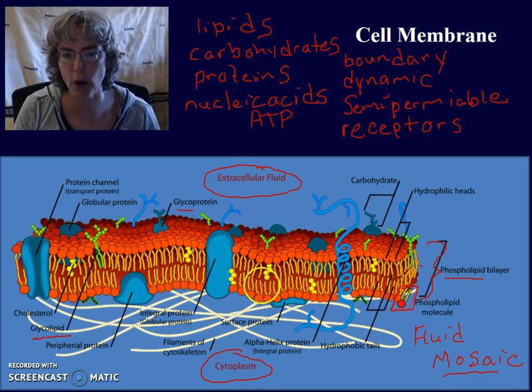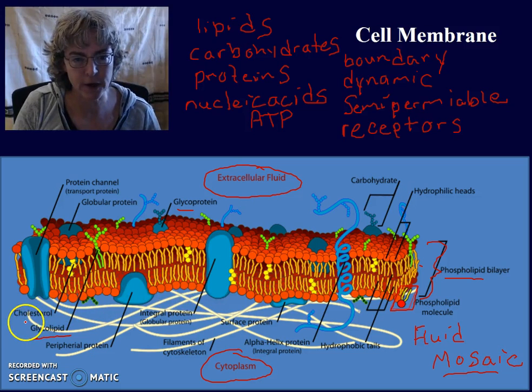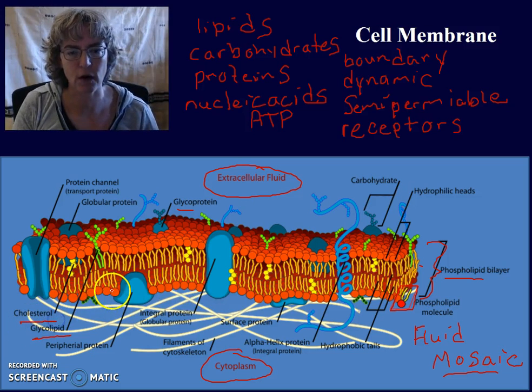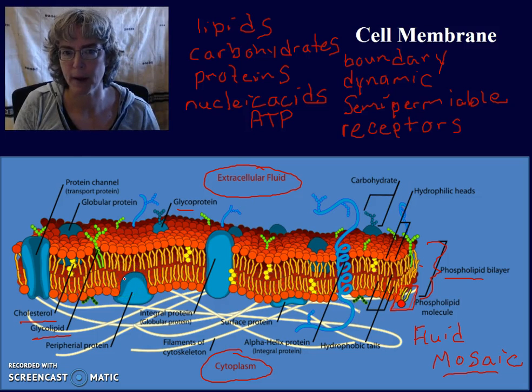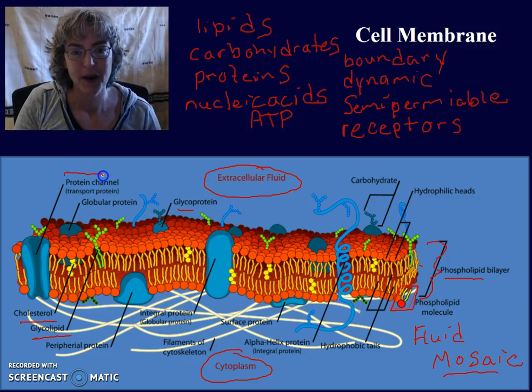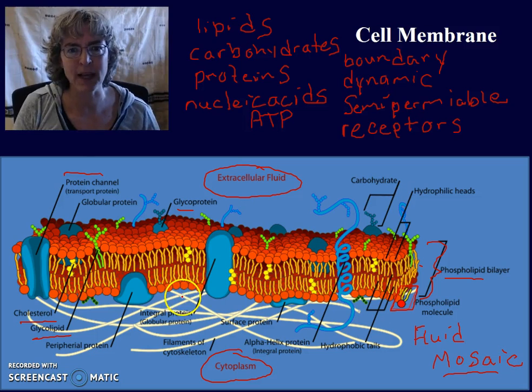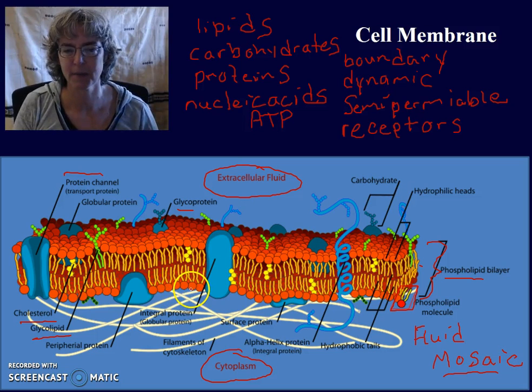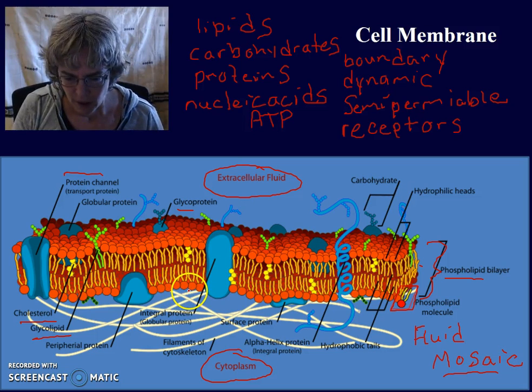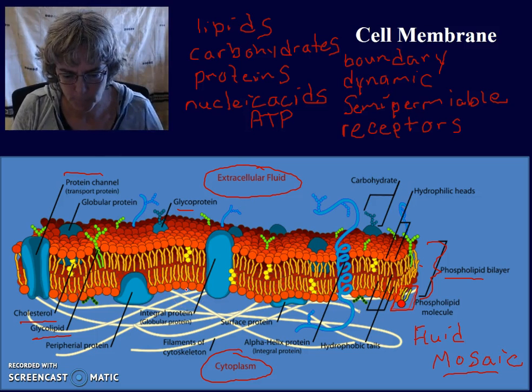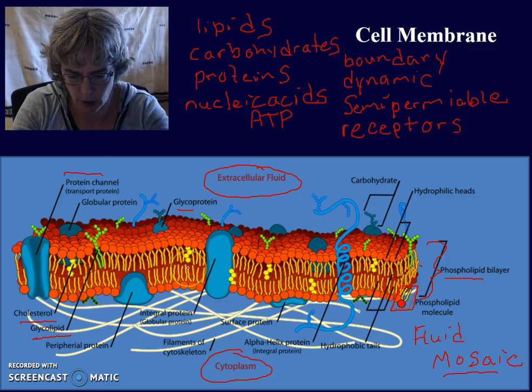And there's also cholesterol. Here it is right here, cholesterol. Okay. And proteins. I mentioned proteins, right? Okay. So protein channels, of course. So right, it's a mosaic of lots of different things.